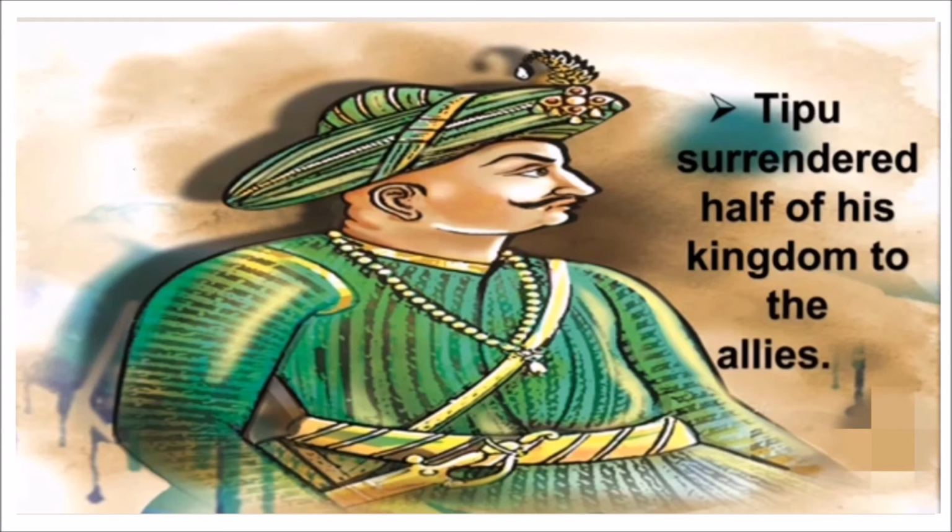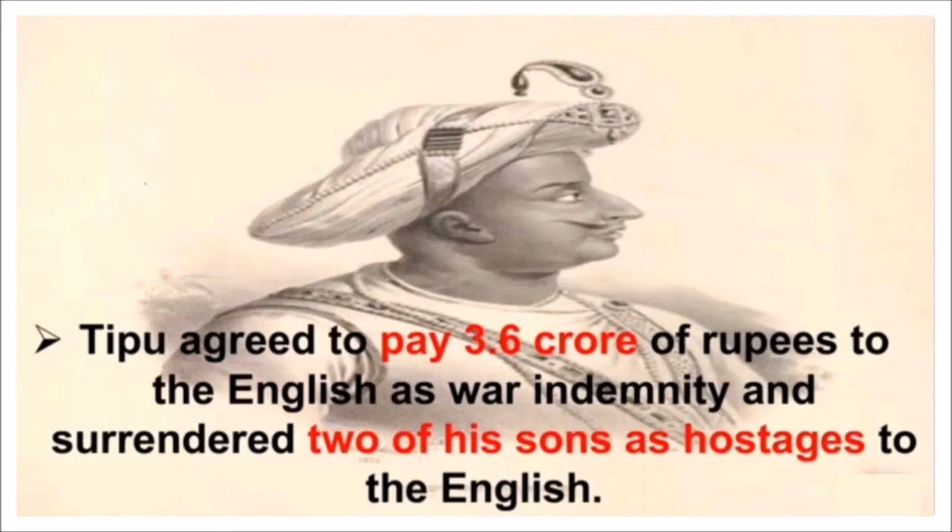Tipu agreed to pay 3.6 crore of rupees to the English as war indemnity, and surrendered 2 of his sons as hostages, that is prisoners, to the English.